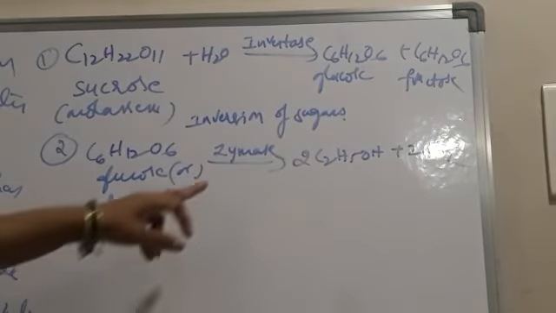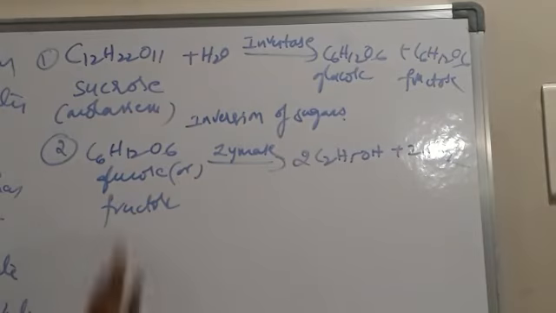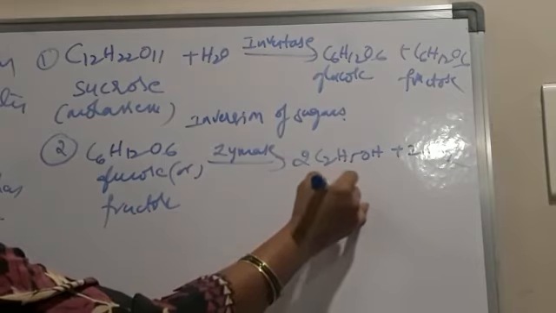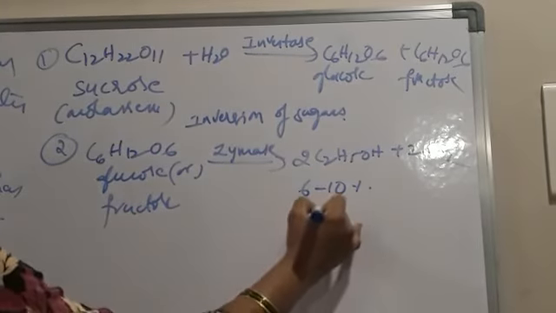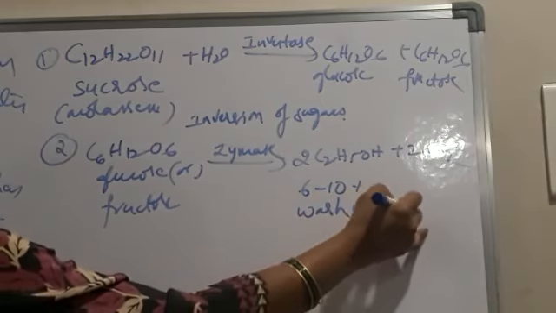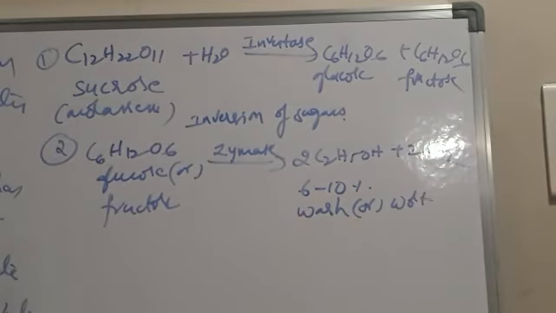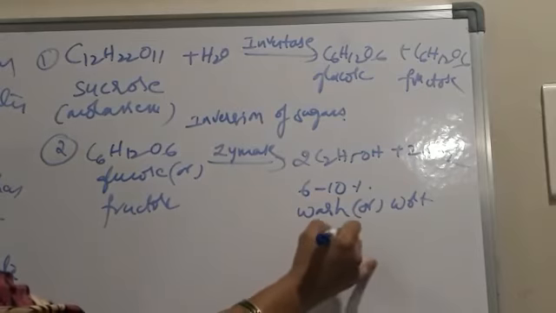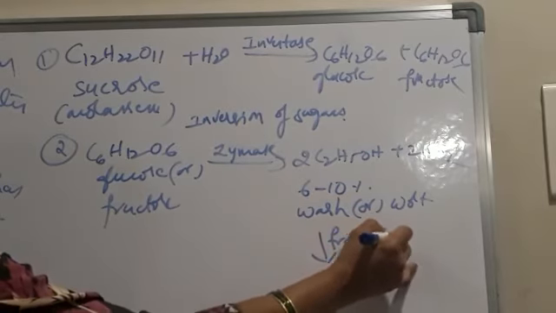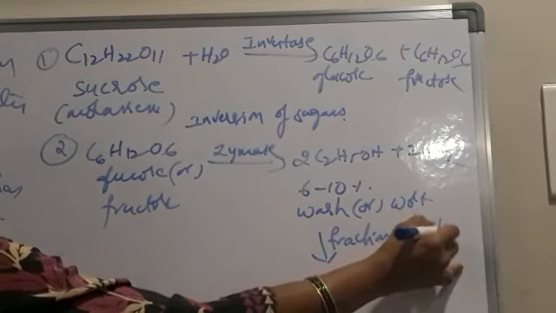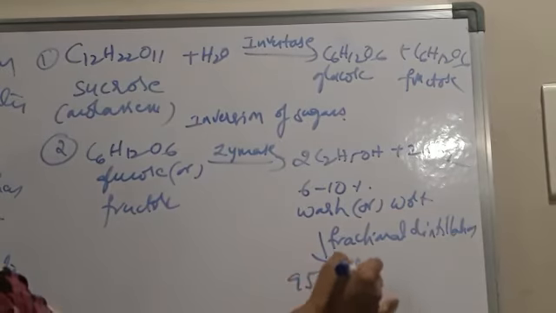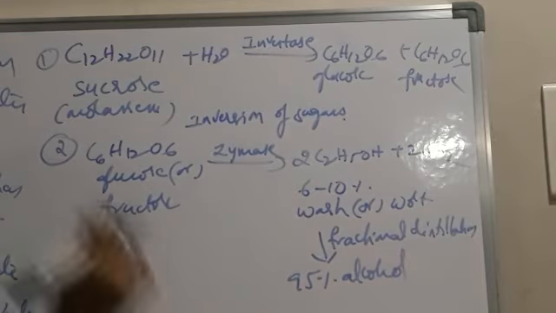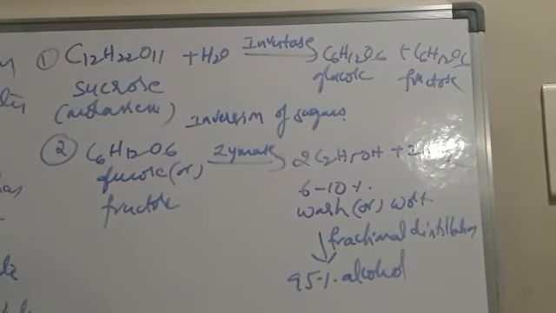The ethyl alcohol obtained in this reaction is called wash or wort. 6 to 10% ethyl alcohol is obtained here. It undergoes fractional distillation and we get 95% alcohol, which is called rectified spirit.